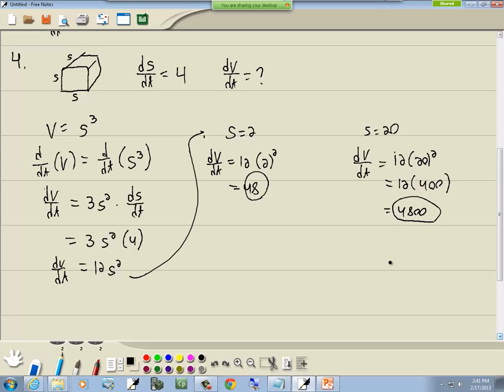Now the s is in centimeters, and of course volume is always cubic centimeters. You can see going from 2 to 20, it changes dramatically in terms of the volume. And let's save that.